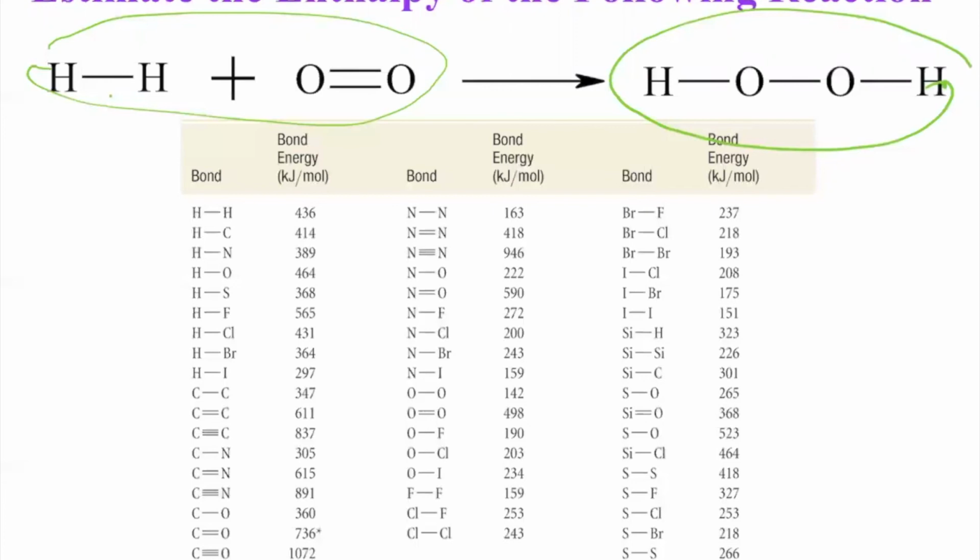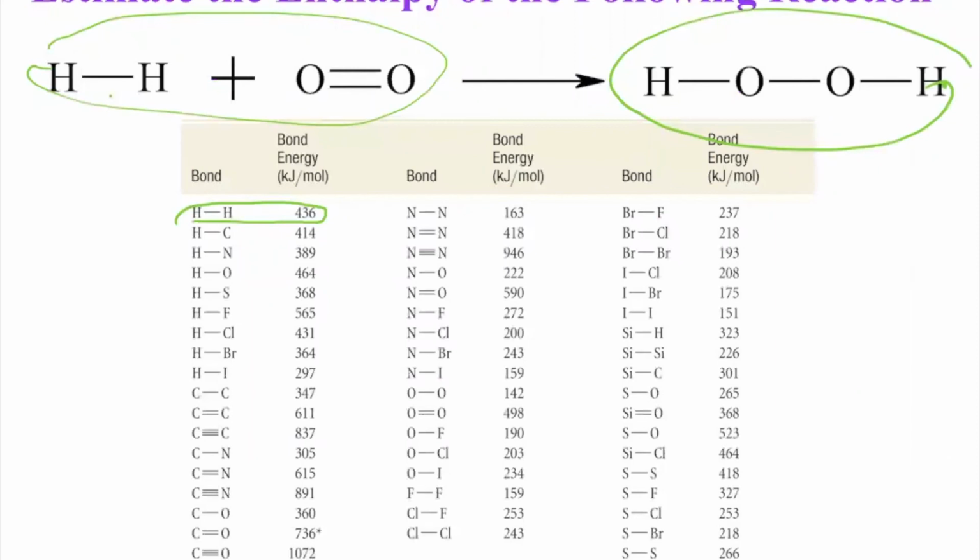The H-H bond, which is 436, plus the O double bond O, which is 498. Those are bonds broken, and that's always going to be a positive number.